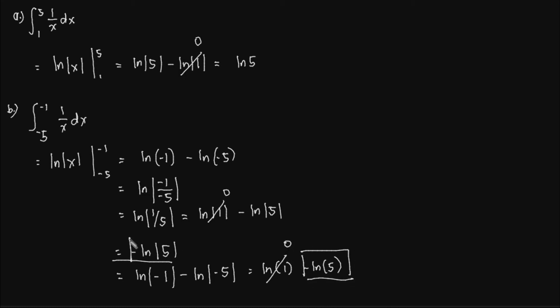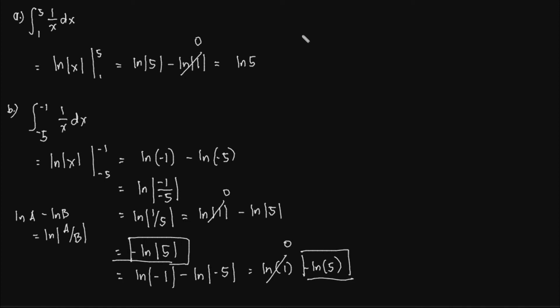So I hope that makes sense now kasi we have the same answers for this expression. So if you're trying to perform just this operation, hindi niyo makukuha yung sagot niyan, kaya you have to apply your ln of a minus ln of b is equal to ln of a over b, or you could just use the absolute value just to modify, or just to take the value that can compromise with the negative symbol.